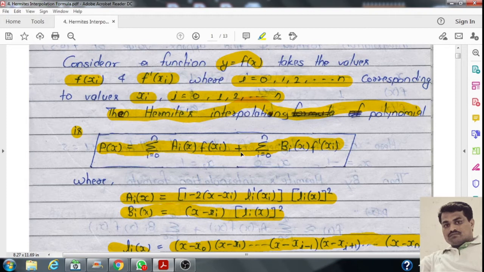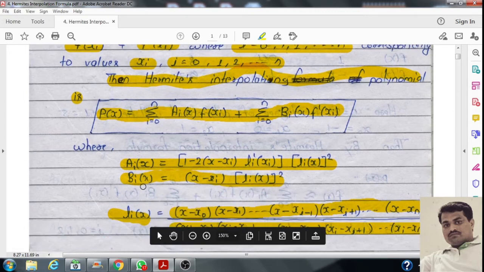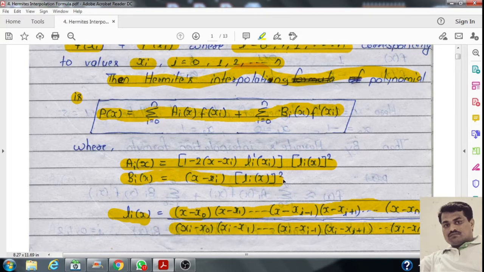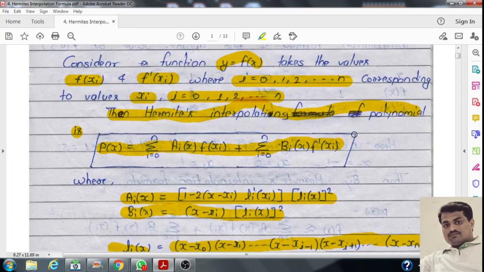And in the second term plus summation i goes from 0 to n, and here Bi(x) into f dash of xi, and this Bi(x) is defined by this formula: Bi(x) is equal to x minus xi into Li(x) bracket square. And then the second factor f dash of xi, this f dash of xi also will be given in the given data.